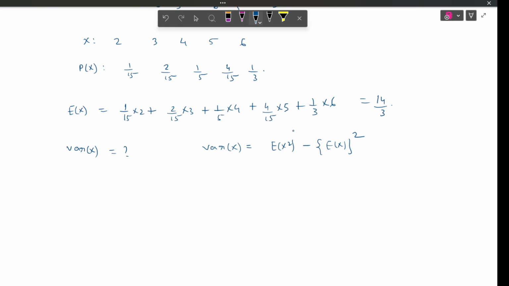By using this formula, you can find the variance and write the answer in the comment section. If your answer is correct, I will give a like. So this is our probability distribution, mean and variance.